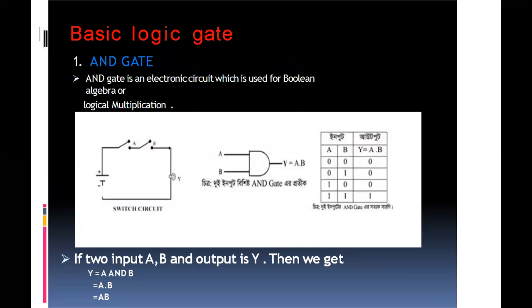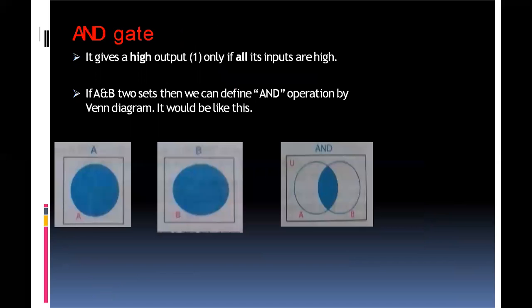And previously we learned about AND gate, and here AND gate is also explained in another way. Here the basic explanation is the same that we have discussed previously. And we have two inputs, that is A and B, and one output, that is Y. And it is the explanation for AND gate.